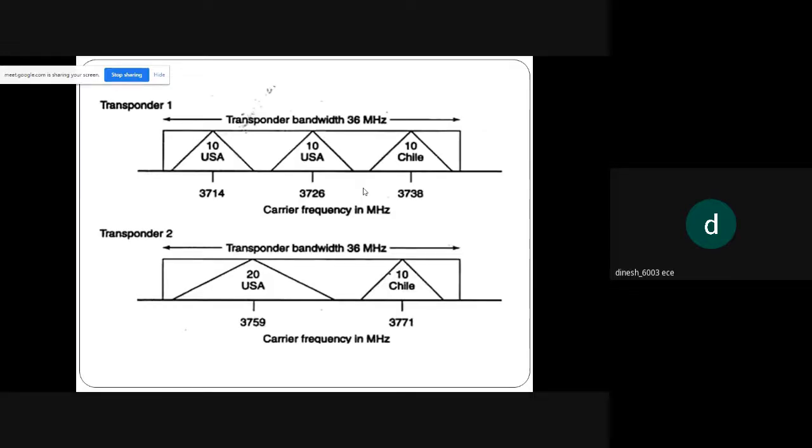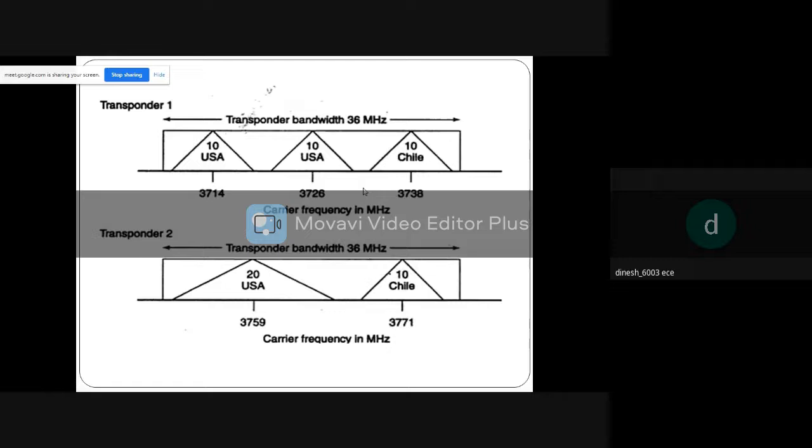So this is your transponder 1, transponder 2, where the carrier frequency is divided in megahertz.